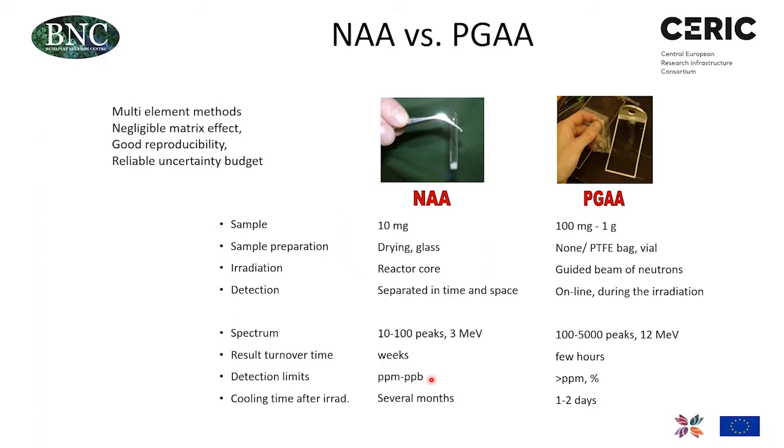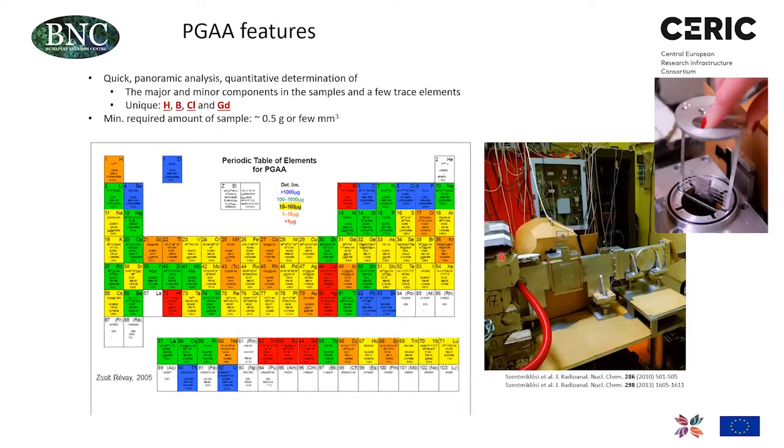But in exchange, we have very low detection limits and very high metrological quality. PGAA gives you an instant result, so the spectrum is collected on the fly, and we can deliver almost immediately, within a few hours, the composition. But the downside of PGAA is that its detection limits are not as low as neutron activation analysis in a reactor.